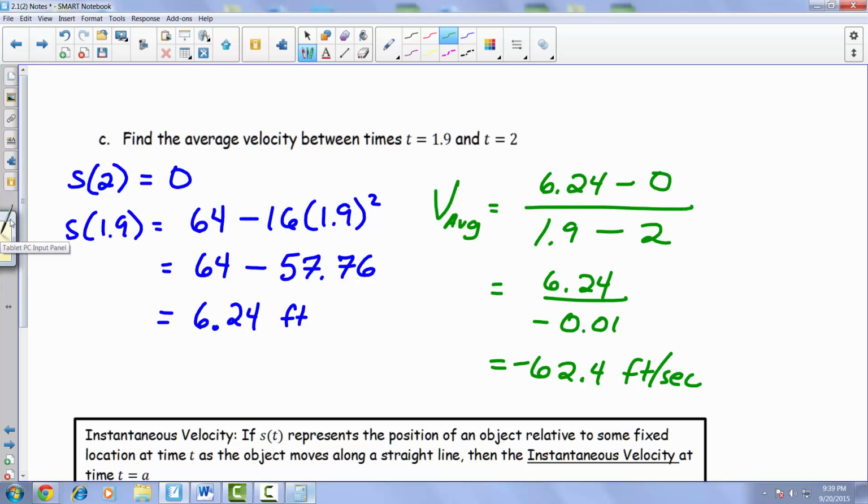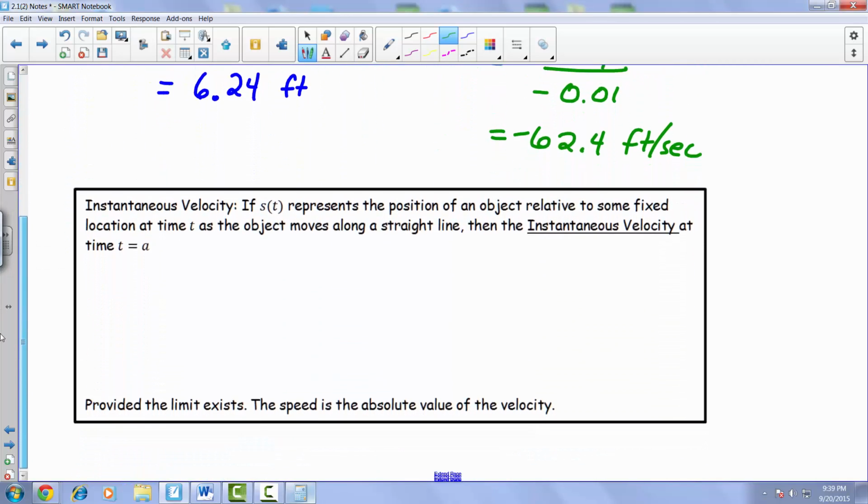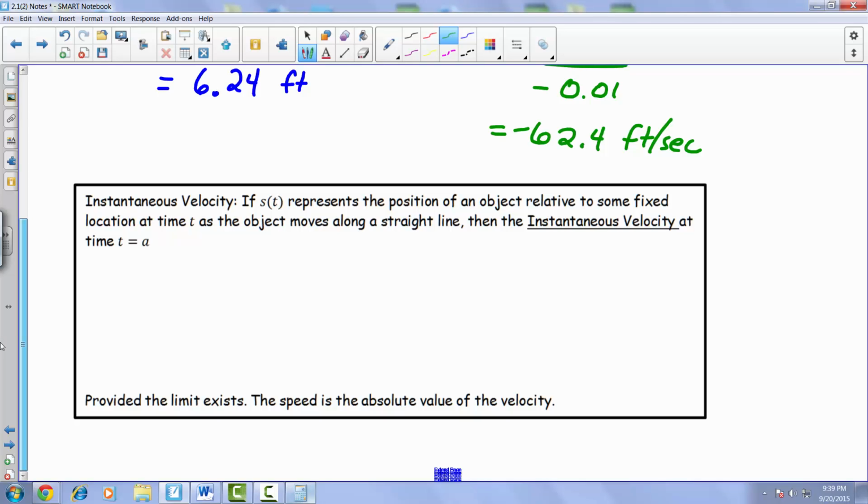Now this leads us into the definition of the instantaneous velocity, and we've already talked about secants and how they relate to tangents. Pretty much as you get closer and closer to your target point, your secant starts to become closer and closer to your tangent, or that instantaneous velocity.